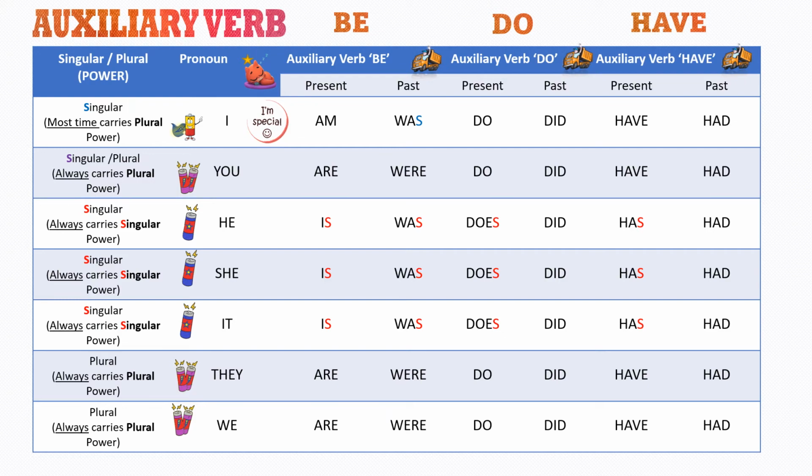The pronouns he, she, and it always carry singular power as indicated by the red letter S, as shown in the table. Always remember the red S is for singular. Finally, the pronouns they and we always carry plural power. As long as you can remember this formula, using the auxiliary verbs will be a piece of cake.